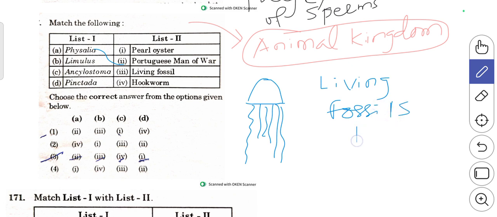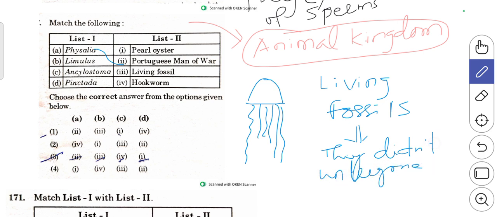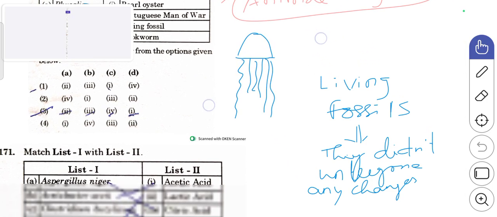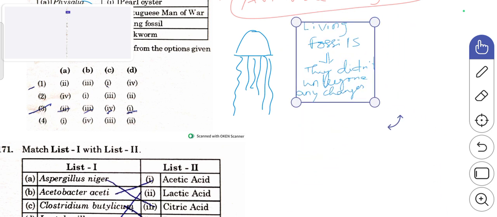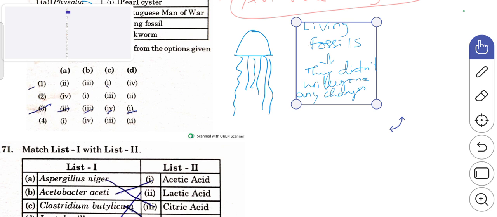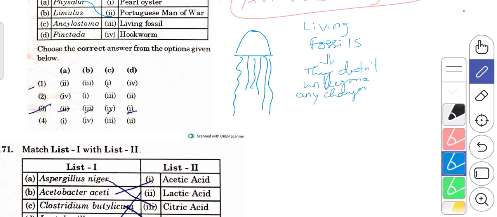Living fossils are those organisms that did not undergo any changes since their origin.